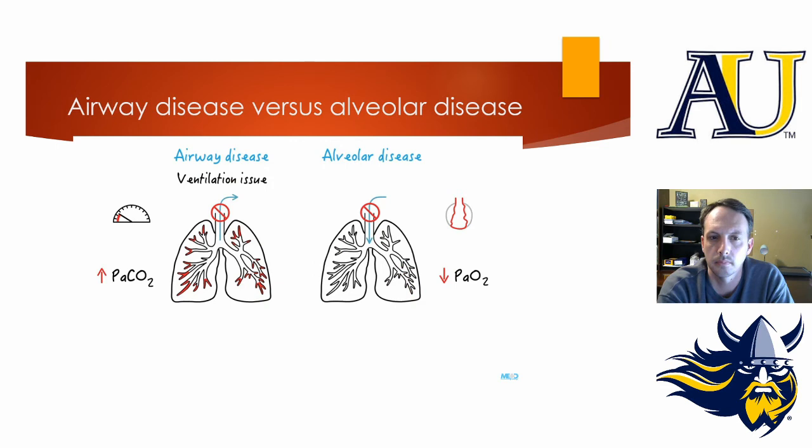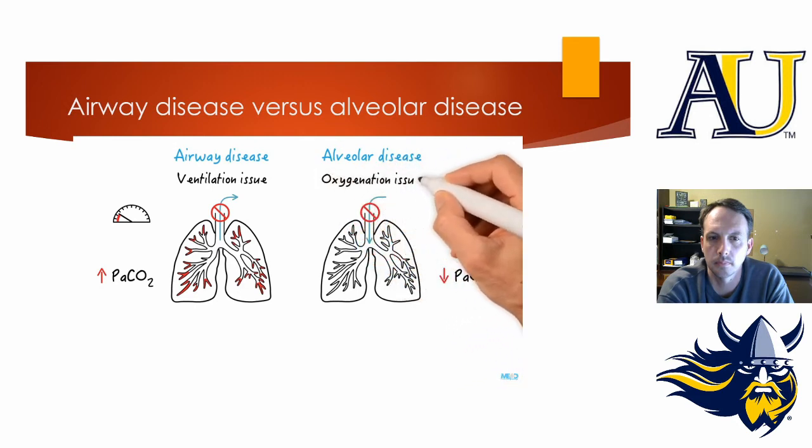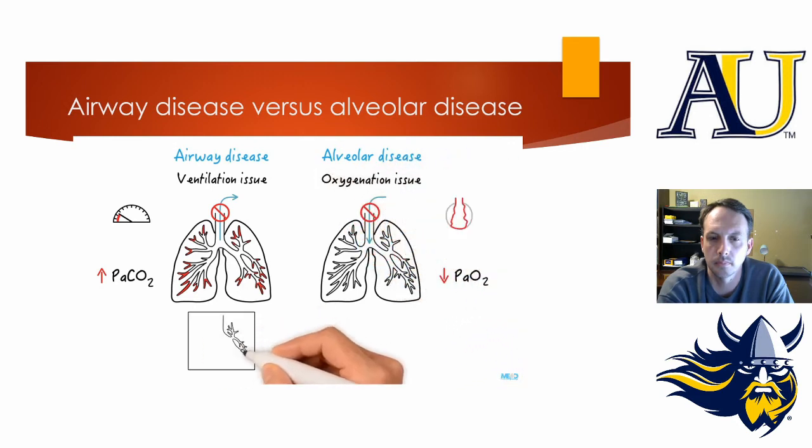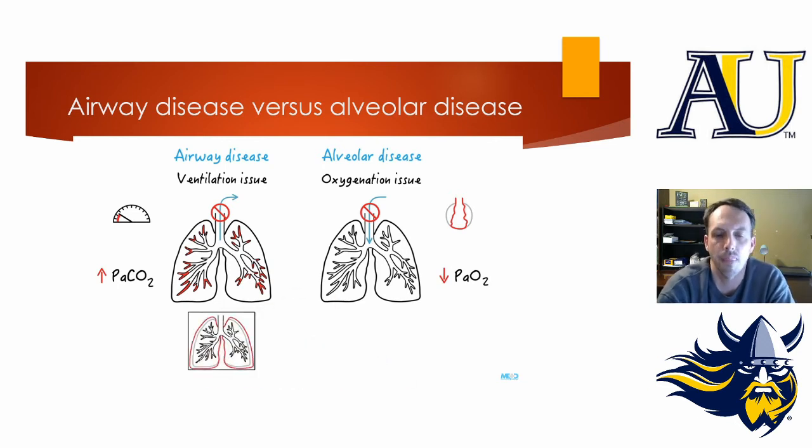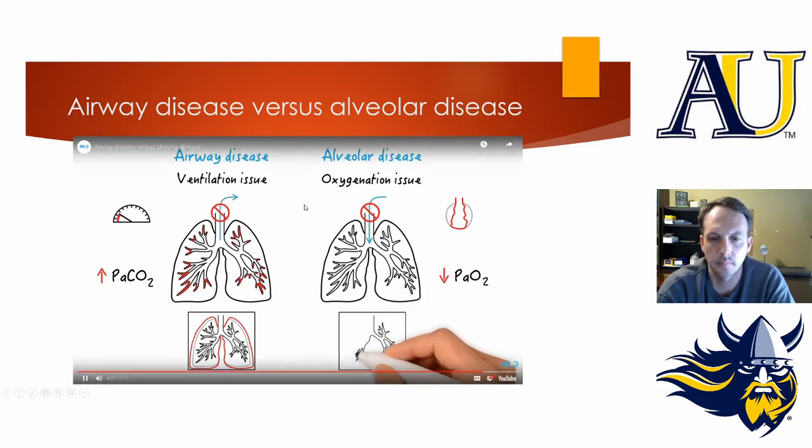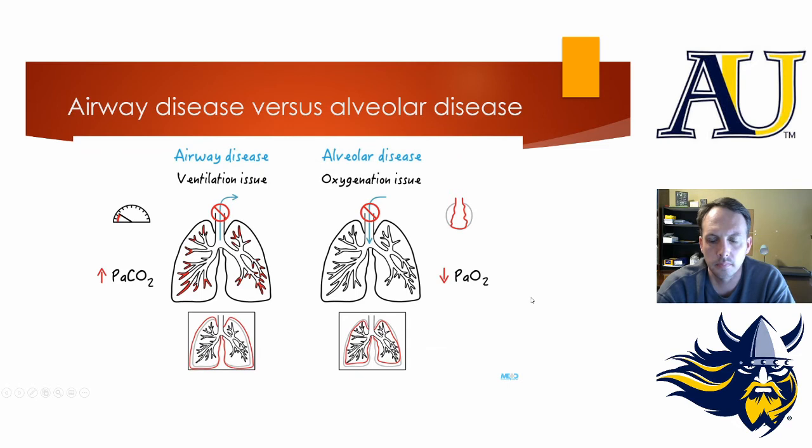But in alveolar disease, because oxygen cannot enter the collapsed alveoli, this disease category is said to have an oxygenation issue. On an X-ray, the airway disease patient usually has larger looking lungs because of air trapped over time. On the other side, the lung appears to shrink in size, so the chest X-ray will appear smaller. This side is referred to as the obstructive disease, while this side is referred to as the restrictive disease.